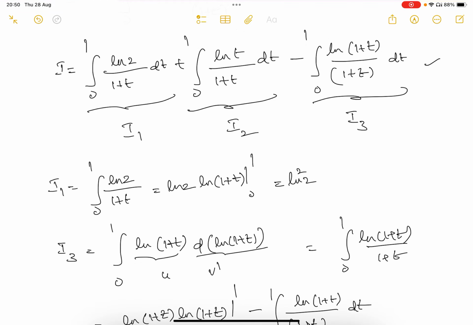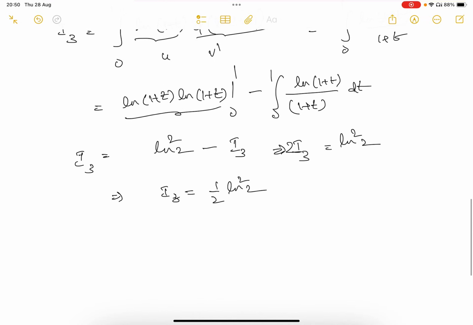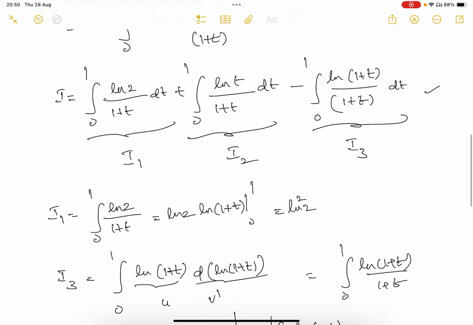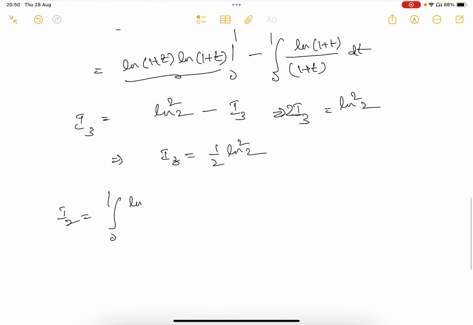Then we have integral 0 to 1 ln t by 1 plus t dt. We need to figure out I2, right? We'll apply the same procedure.